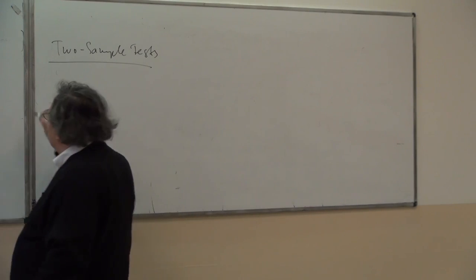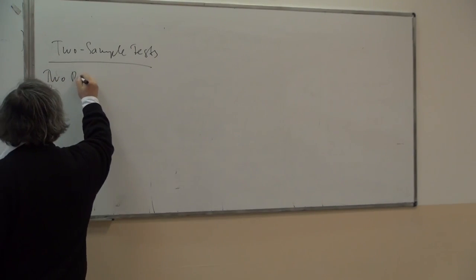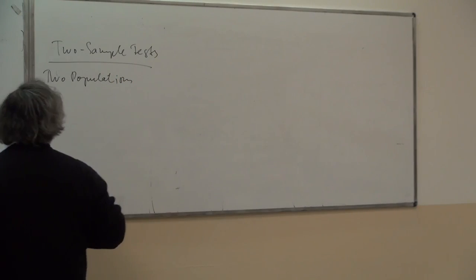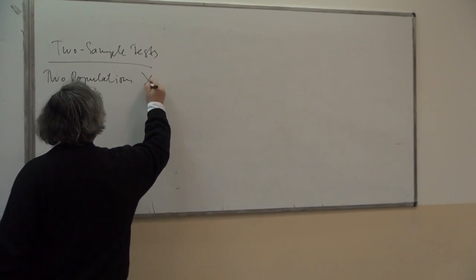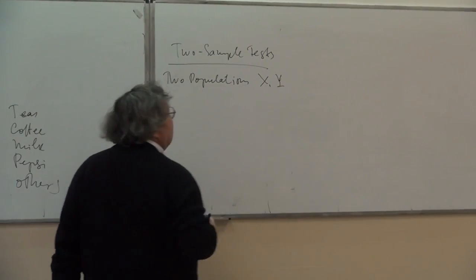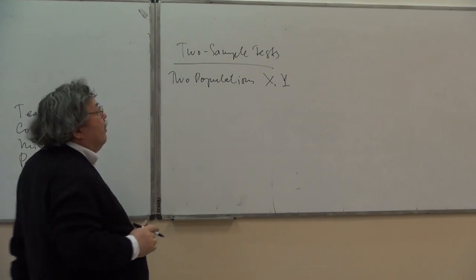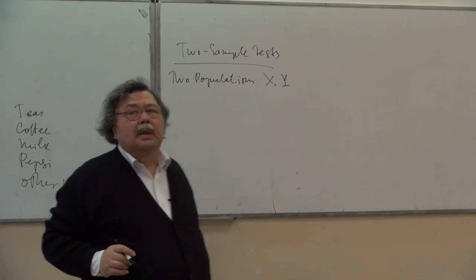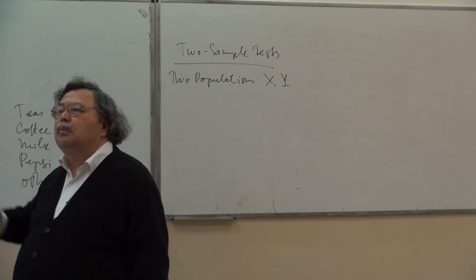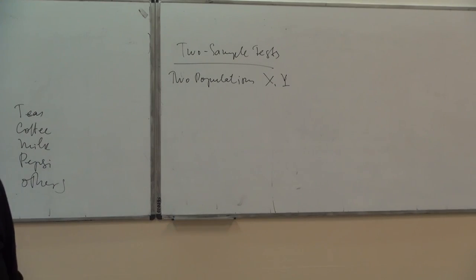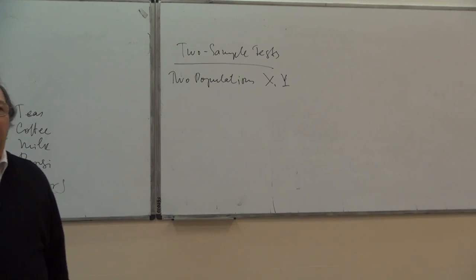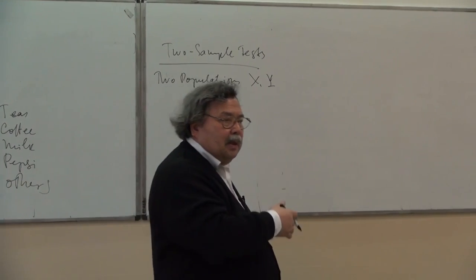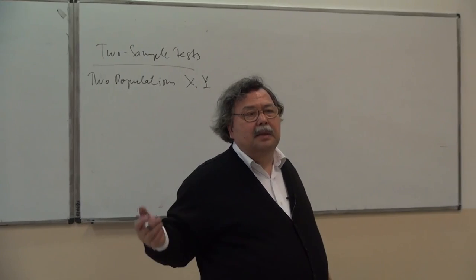Now, suppose we have two populations, X and Y. Okay. Well, suppose we ask this question: is the mean body height of the members of one population the same as the mean body height of the members of the other population, or maybe they are different?